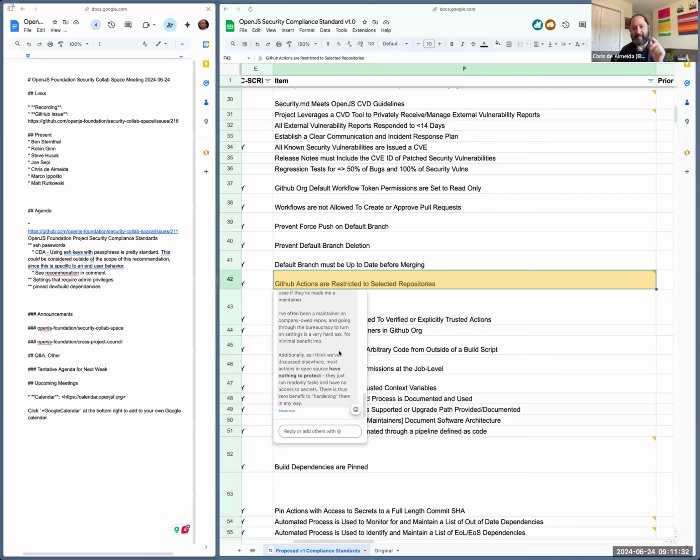You specifically select which repositories get them. So it's the other way around. You don't restrict actions to specific repositories, you restrict secrets to specific repositories. And if that's not in here, it should be. I don't think it's bad to restrict actions to specific repositories, but I also think it's okay to not do that either.